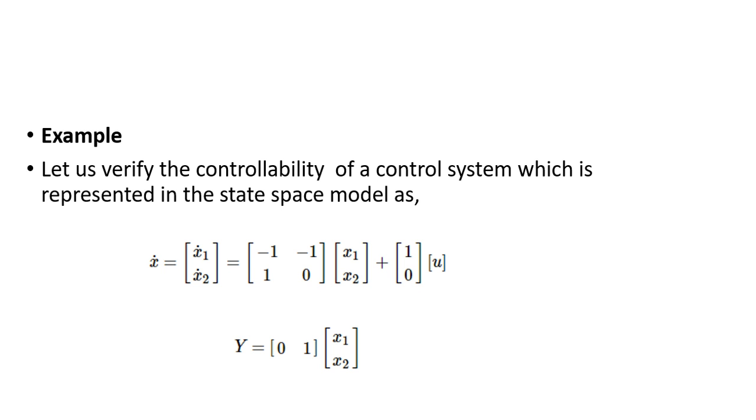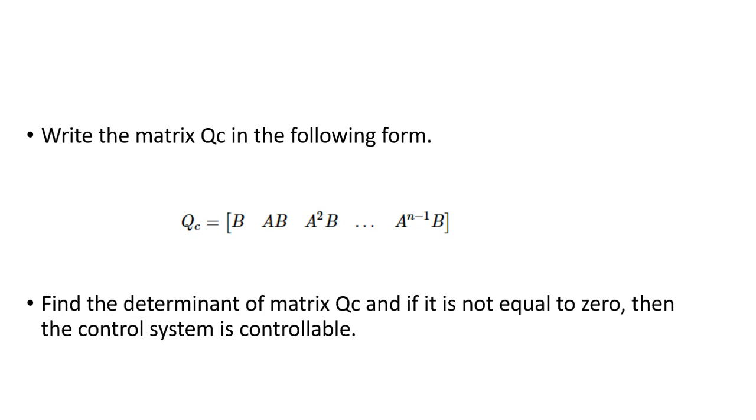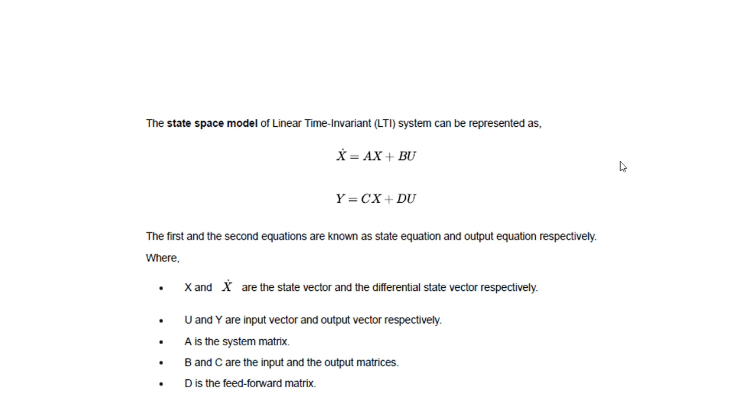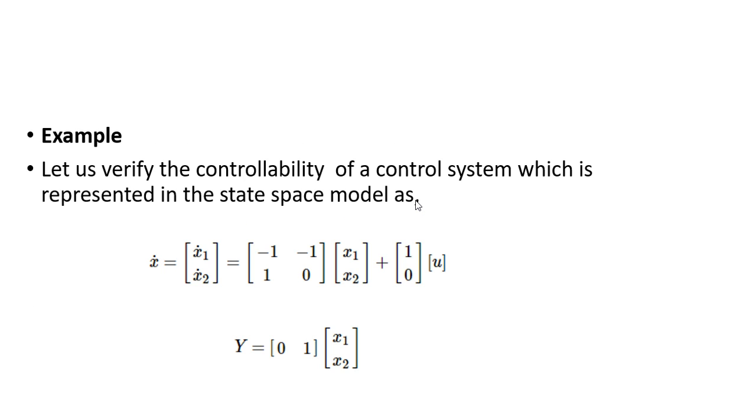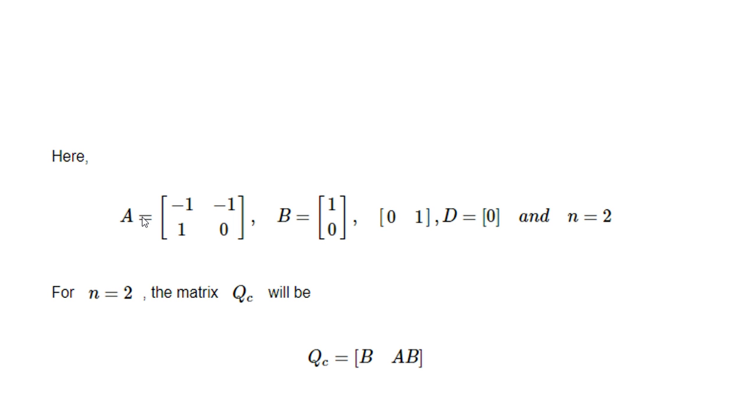Now if you compare the given equations with the standard equation, you will get the values like this. A will be nothing but this matrix, that is [-1 -1; 1 0].